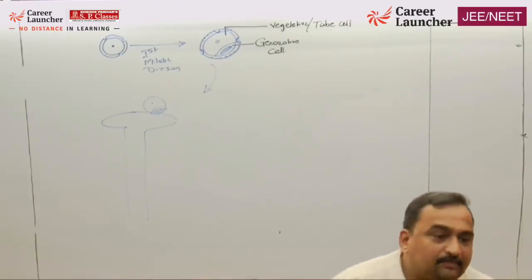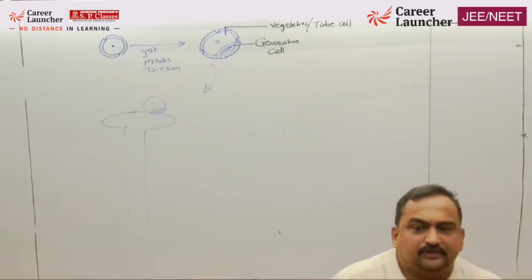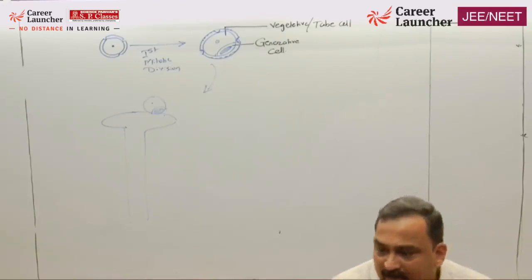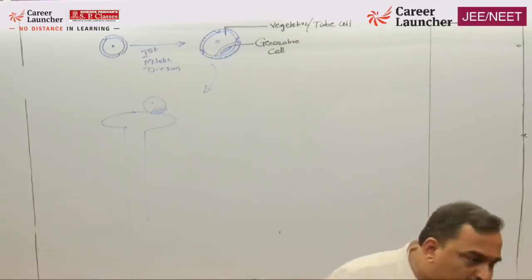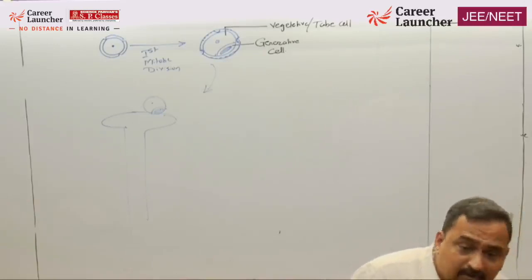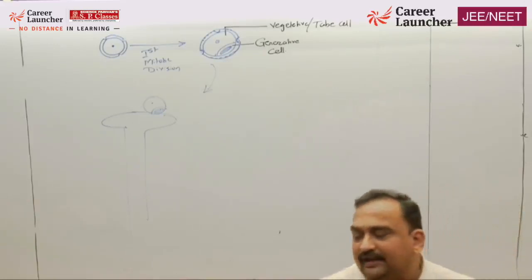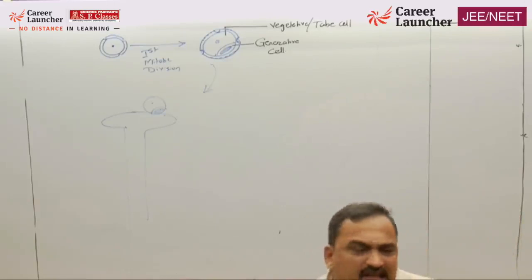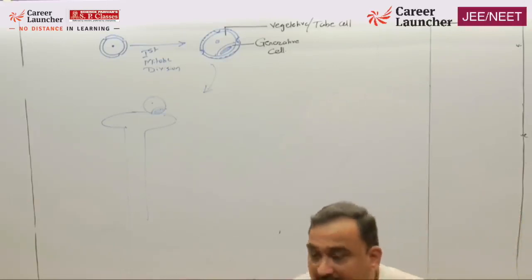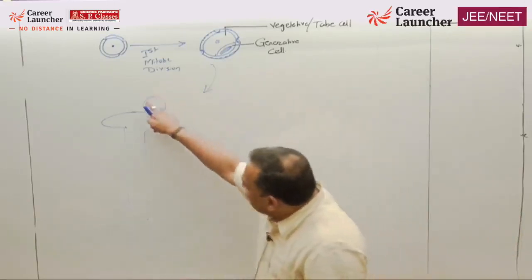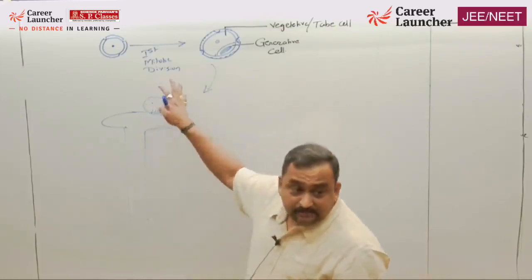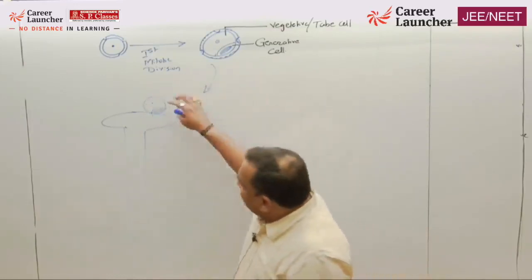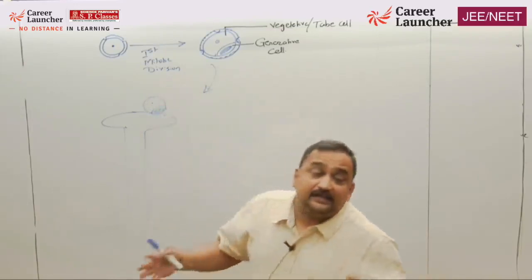So the stigma is capable of identifying whether the pollen grain belongs to its own type. If it does, it secretes moisture as well as a very important mucilaginous chemical. As a result, the pressure inside this particular cell, especially the tube cell, will increase.